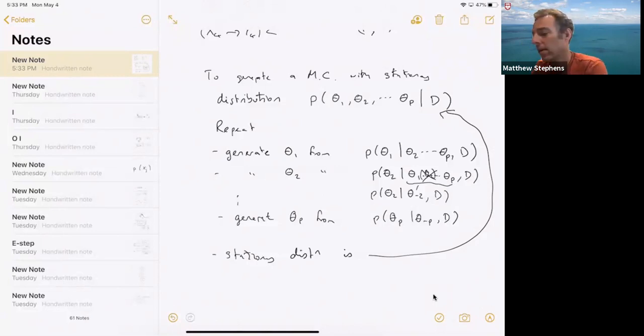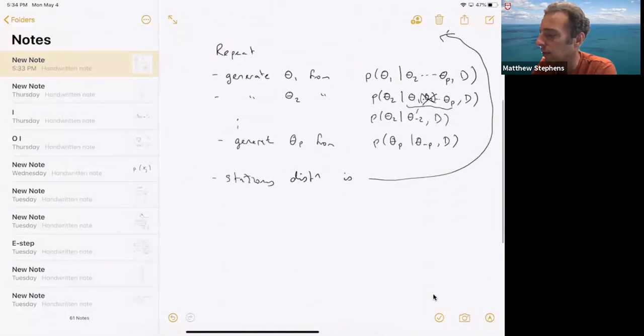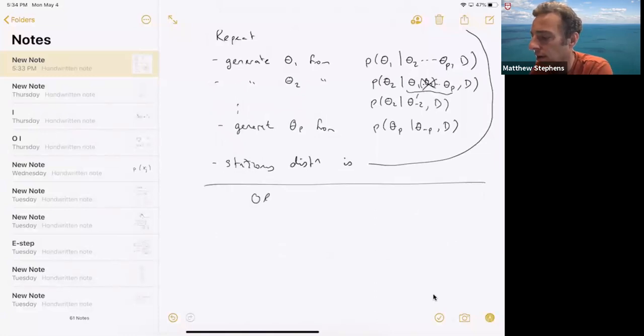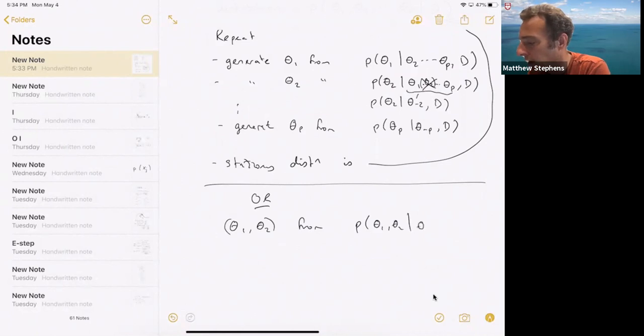But Gibbs sampling generalizes to more than just that two-dimensional case, and in fact, as we'll see later, you can group the variables however you want. An alternative would be to generate theta 1 and theta 2 from P of theta 1 and theta 2 given all the other thetas, and then theta 3 up to theta P from P of theta 3 up to theta P given theta 1 and theta 2.